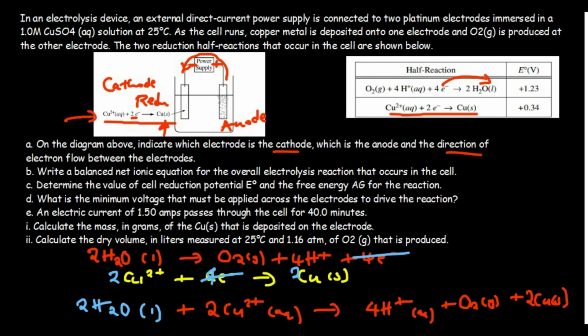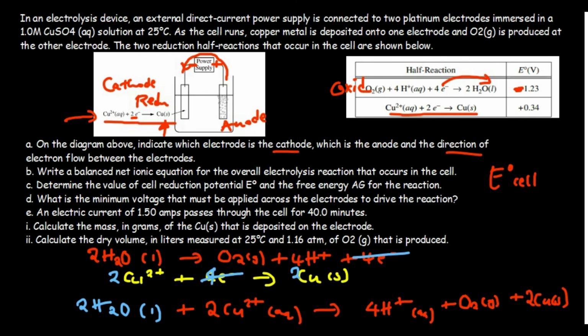Now from there you should be able to determine the cell potential of this cell and the free energy for the reaction. How do we calculate the standard cell potential? If you don't want to confuse yourself, always just add the values. For the oxidation reaction, after I reverse a reaction, the value of the reduction potential changes, it becomes negative.